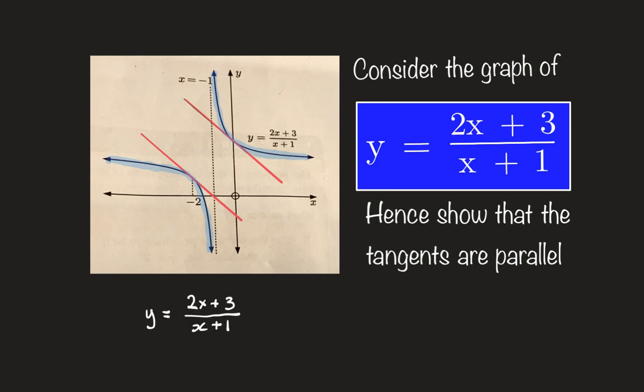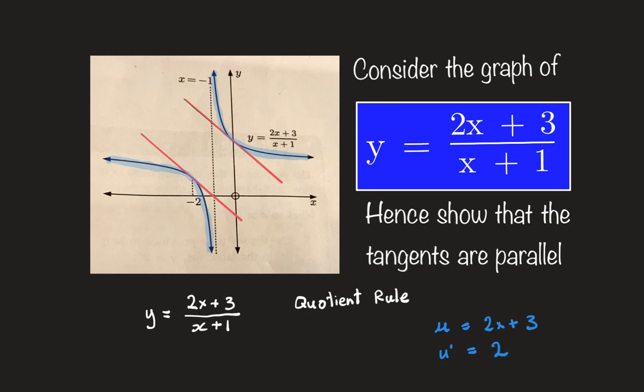To differentiate this function, we have to use the quotient rule. So firstly, let's differentiate the numerator. We'll make u equal to 2x + 3, and therefore if we differentiate that, we'll just get u' = 2.